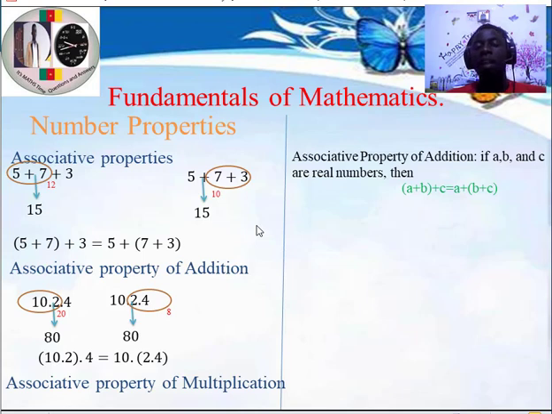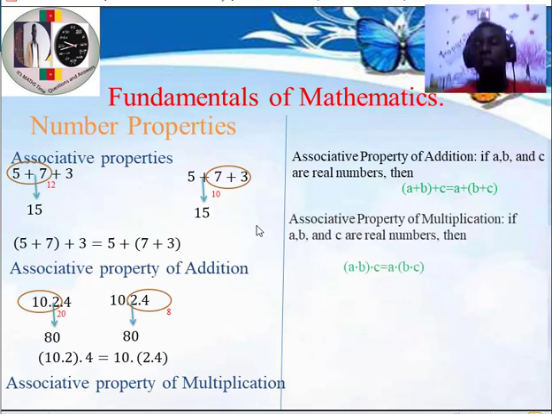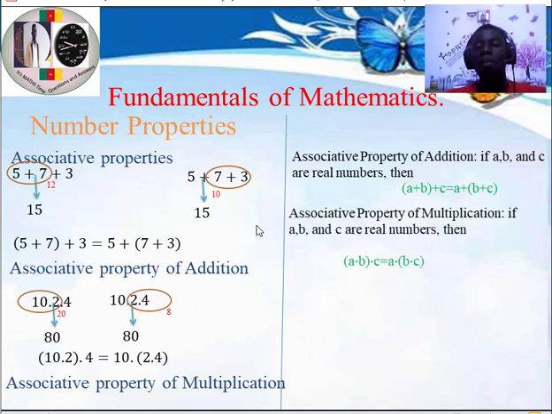Remember, brackets in mathematics are used to group numbers, that is to indicate which group of numbers to perform first, then the next. In the next case, for multiplication, we have also said that if A, B, and C are real numbers, then (A times B) times C is equal to A times (B times C). So the grouping doesn't matter.